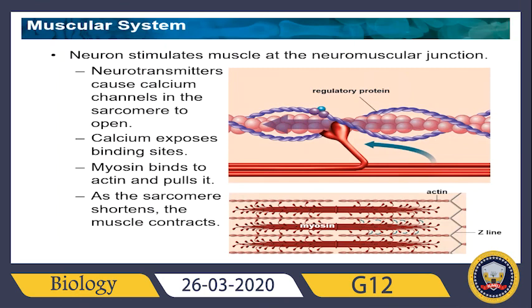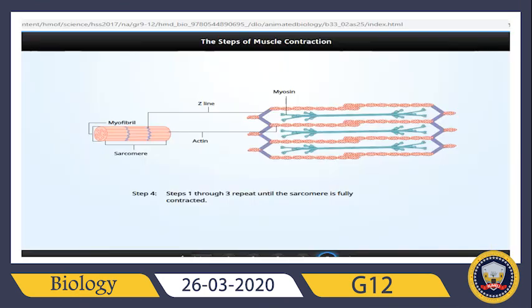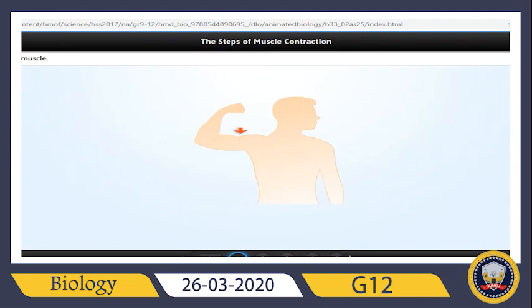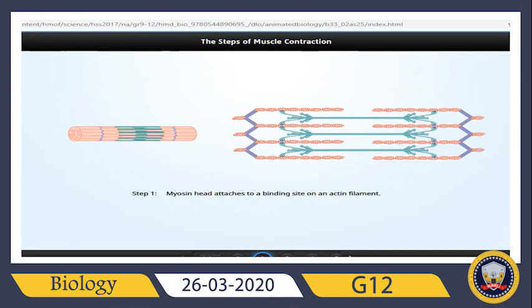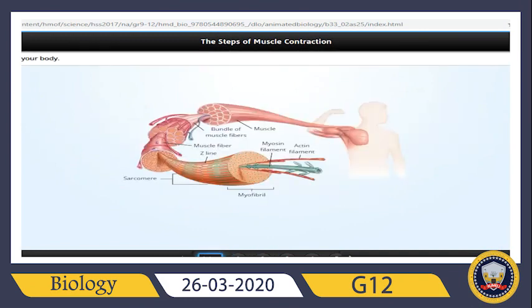So, to sum it up, this is a contraction. Before this, there is a muscle, a bundle of fibers, a fiber, a myofibril. Inside the myofibril, sarcomere. The sarcomere is composed of myosin filaments and actin filaments.